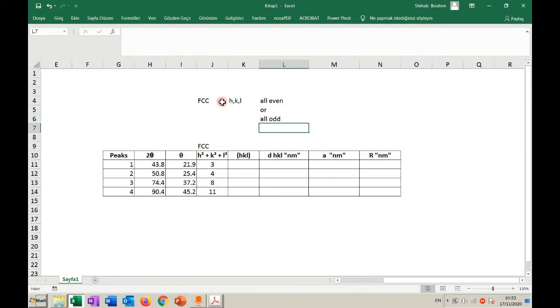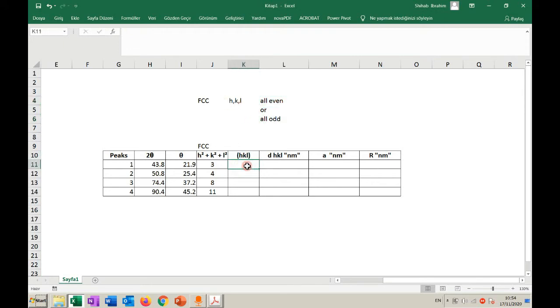This was one of the rules for FCC: the planes that will diffract should follow this rule. All the Miller indices even or all of them odd.